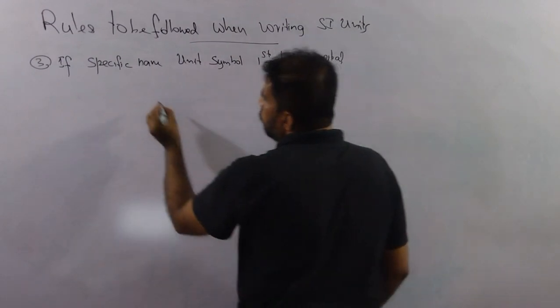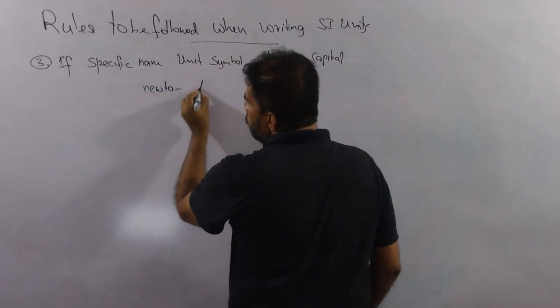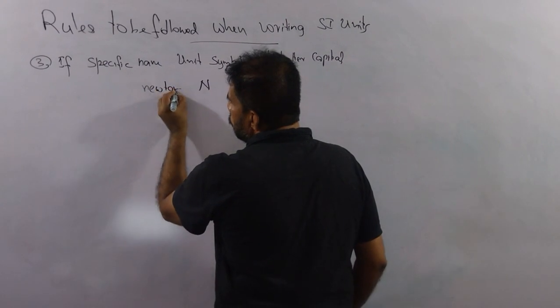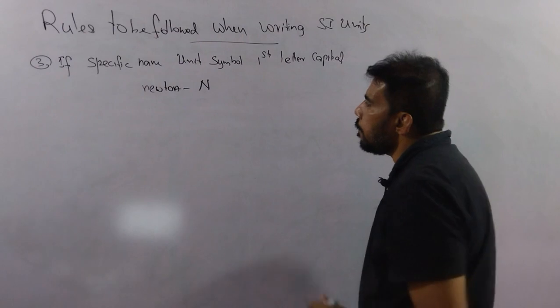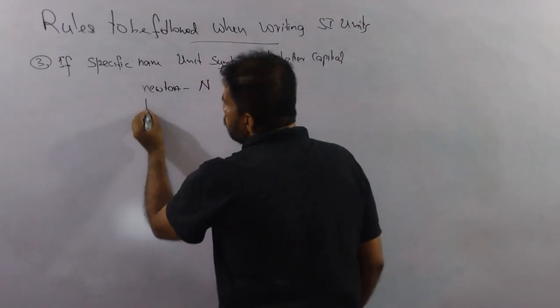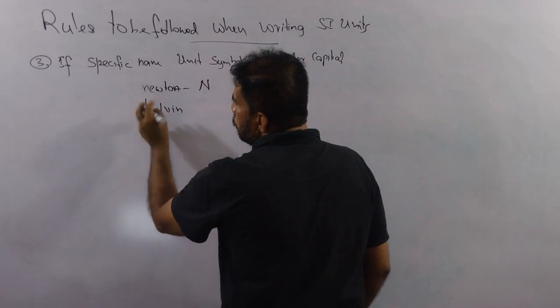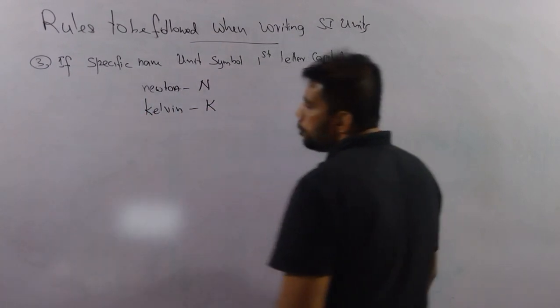For example, newton. The unit is newton and the symbol is capital N. And kelvin, the unit is kelvin. See, I am writing all simple letters, but the symbol is capital K.